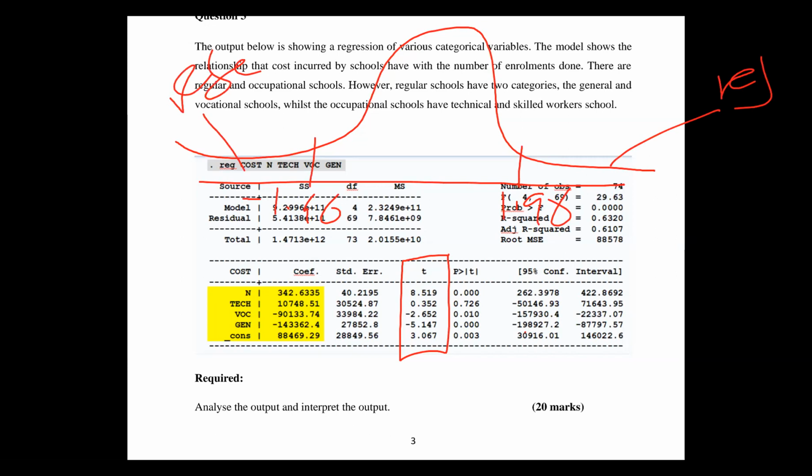The in-between is the fail to reject region, isn't it? Yes. So, following this, which of the variables are statistically significant? The one where the T statistic falls in the rejection region. Which one are these?